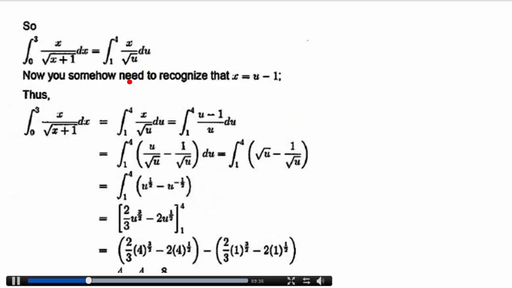So once we got our limits of integration, they are 1 to 4. Now we get that part. Okay, Shabnil, do you have any questions regarding anything that I've done so far?